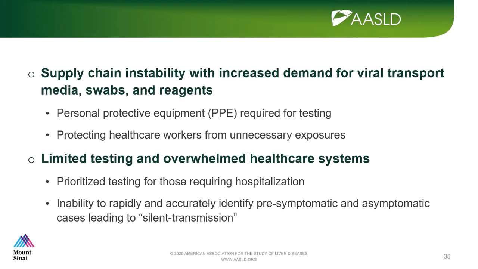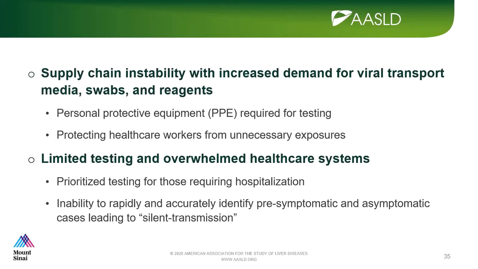The PPE that is required for testing is exorbitant, and really the emphasis is protecting healthcare workers from unnecessary exposures. So something like observed testing, where a patient can collect a sample themselves, is something that everybody is looking into to help preserve healthcare workers and PPE. We all have suffered from limited testing in overwhelmed healthcare systems and overwhelmed public health departments.